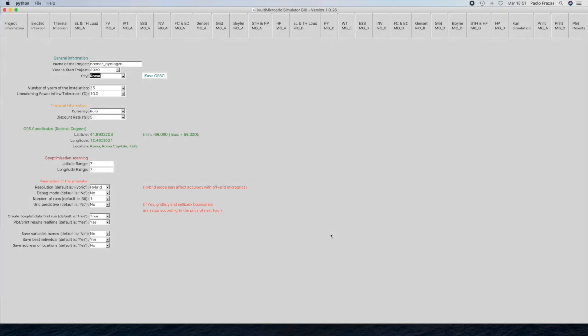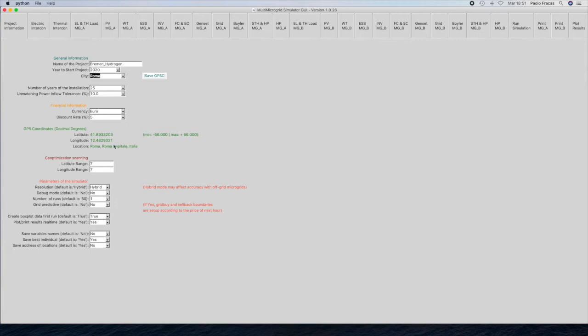With this graphical user interface, we can set up all the parameters to run our simulation. On this first page, we can start to set up general information like the name of the project, the start of the project, the duration of installations, currency, discount rate, and the main locations where to start our search.